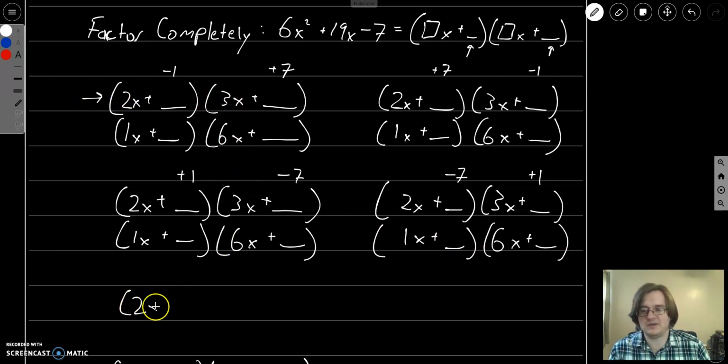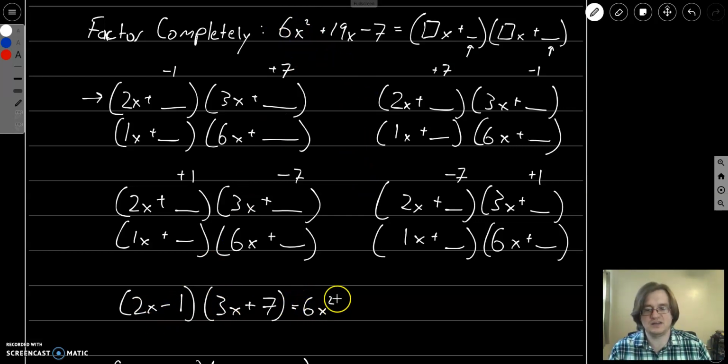So if I write down 2x minus 1 times 3x plus 7, when we look at this, I know that I get 6x squared to begin with, because the 2x and the 3x will multiply together to give me the 6x squared. The two constant terms, minus 1 and plus 7, will give me a minus 7 at the very end.